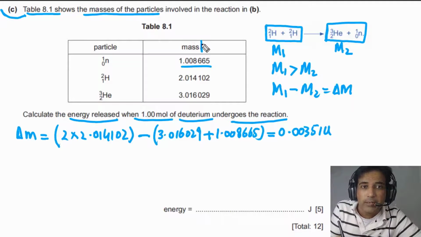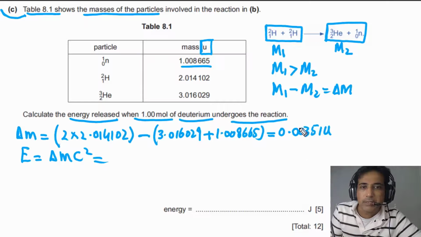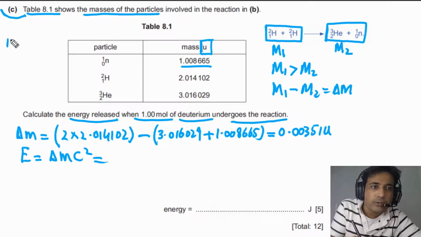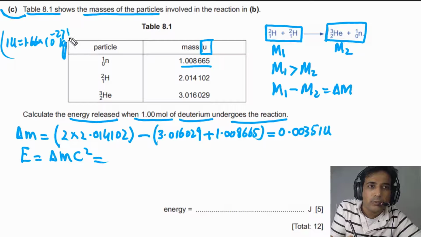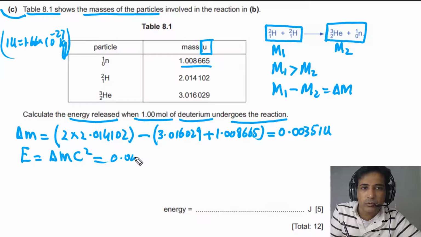So this is in U. We have to be very clear, this given unit is AMU. Now we need to calculate energy released. Energy released by one reaction will be equal to mass difference times c squared. But mass difference we have in AMU. We need to understand 1 U is equal to 1.66 times 10 to negative 27 kgs. So simply we can say in this case 0.00351, we have to multiply this one with 1.66 times 10 to negative 27.